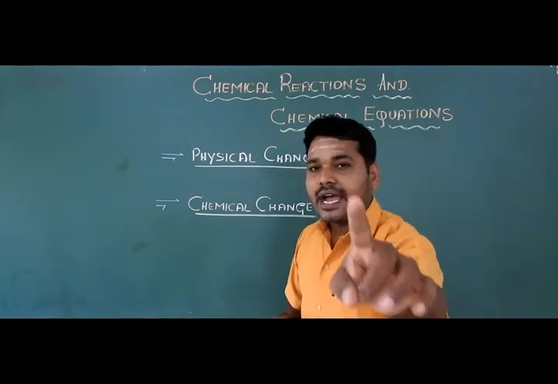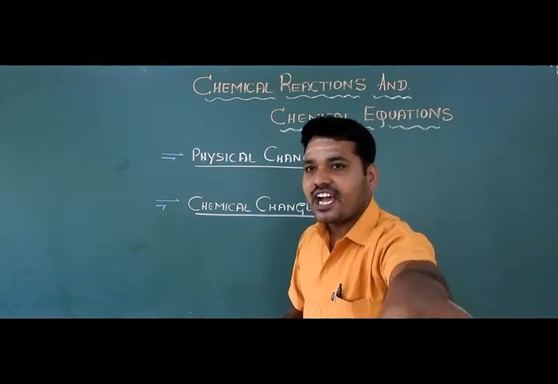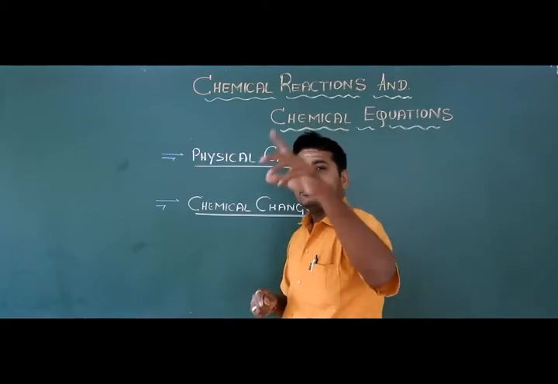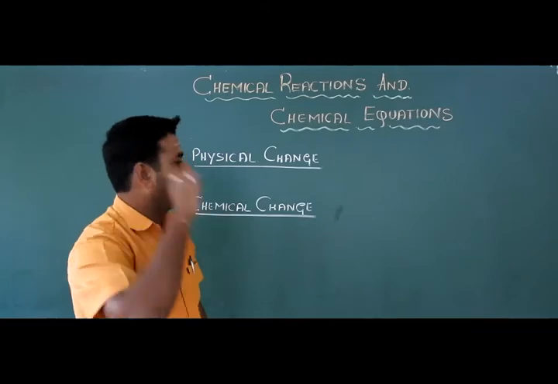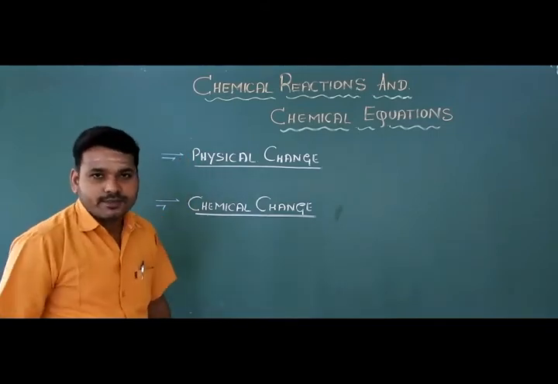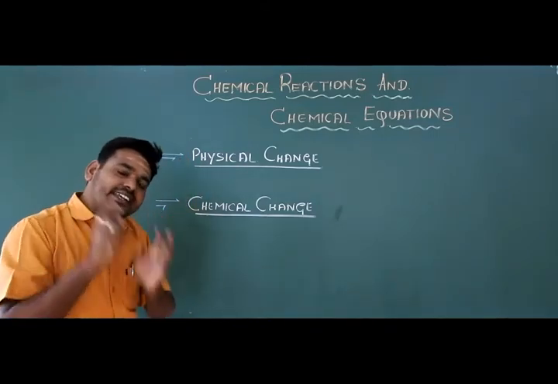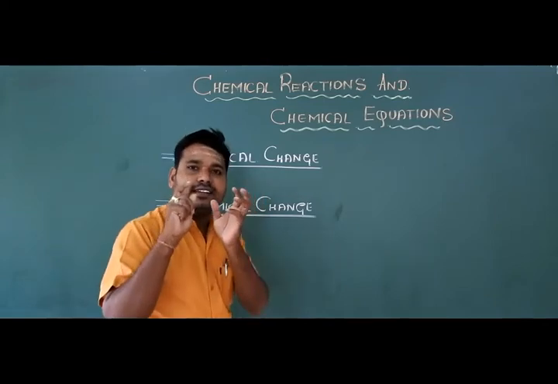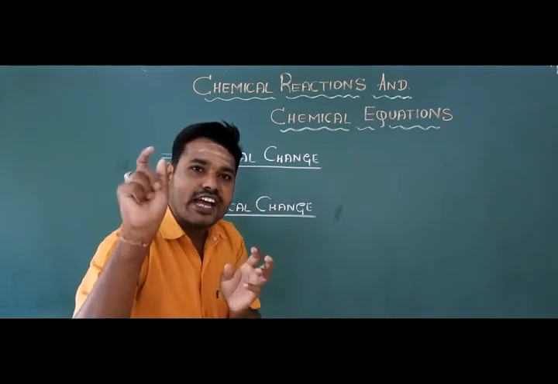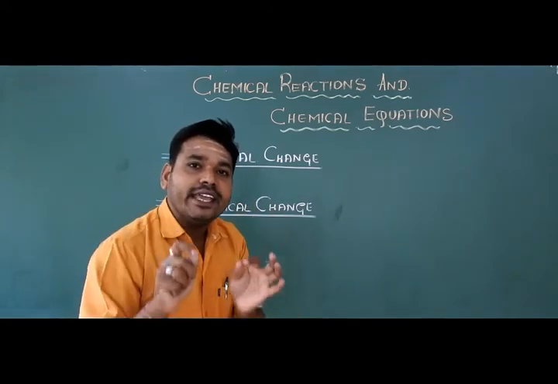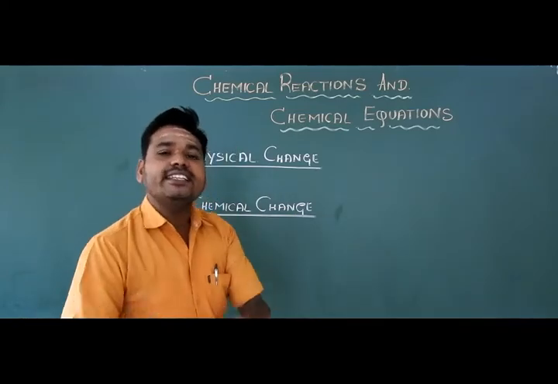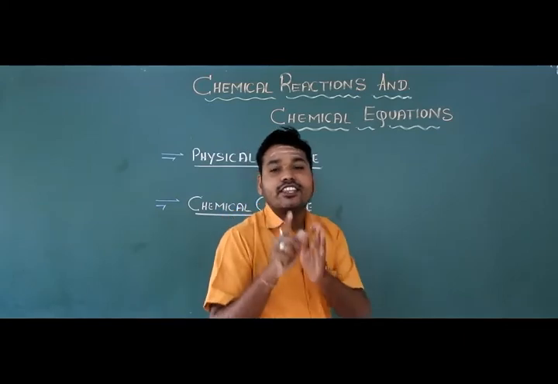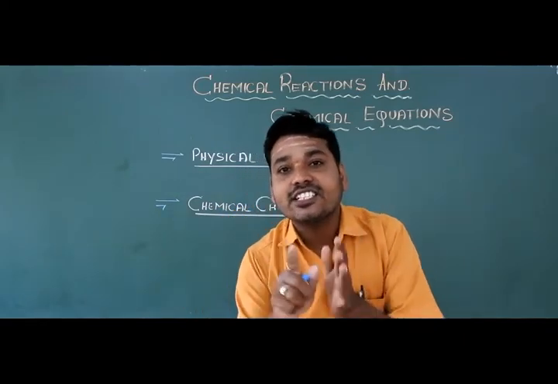Write the combining capacity of each ion, that is, the valency of both the positively charged ion and the negatively charged ion. And while writing the valency or combining capacity of each ion, you write it without any electric charge.